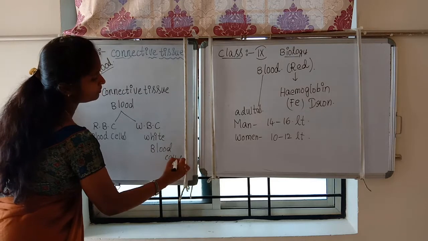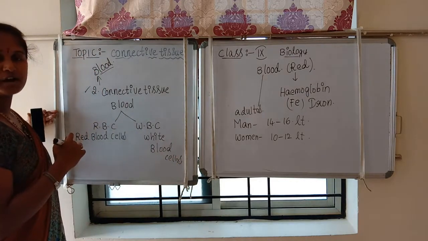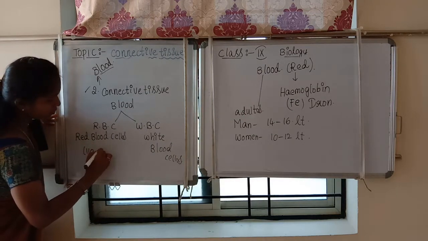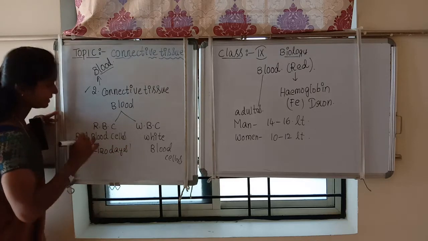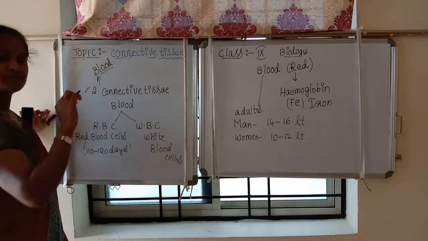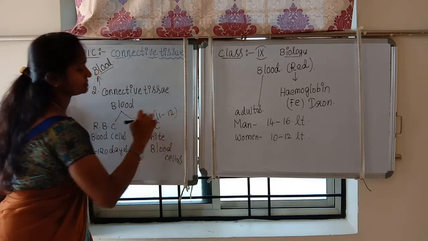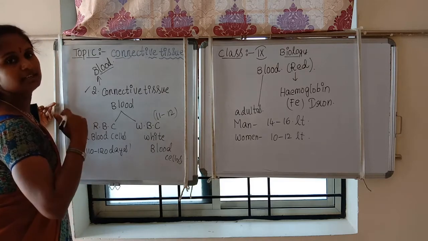You already know this very well, but for your clarification I am telling. What is the lifespan of RBC? It is 110 to 120 days, after which the cells die. What is the lifespan of WBC? 11 to 12 days. This is the lifespan of both RBC and WBC.